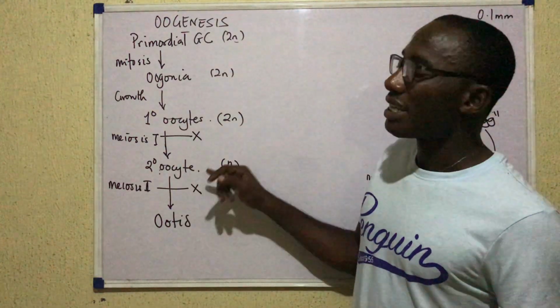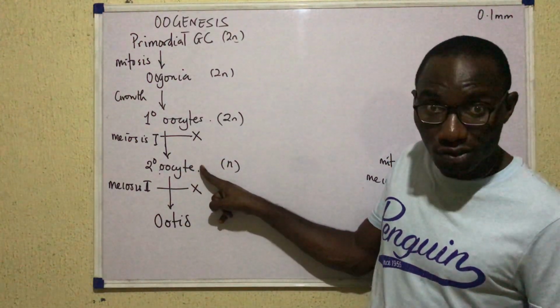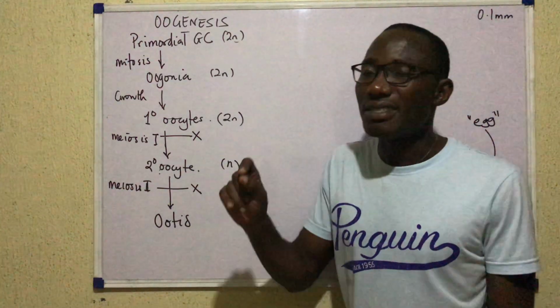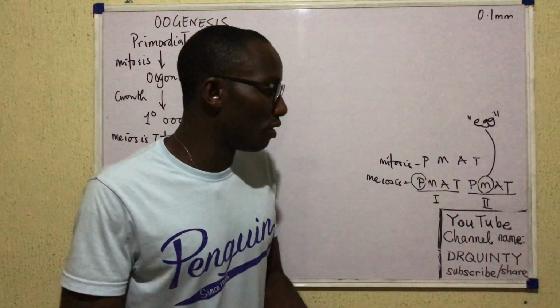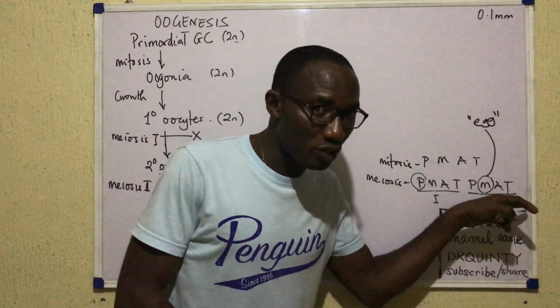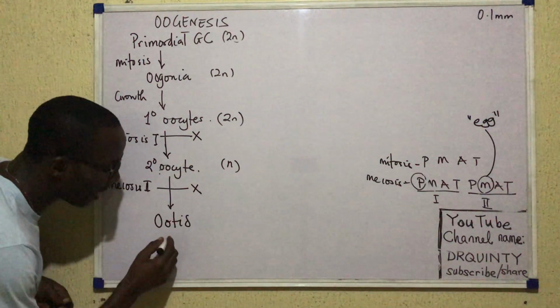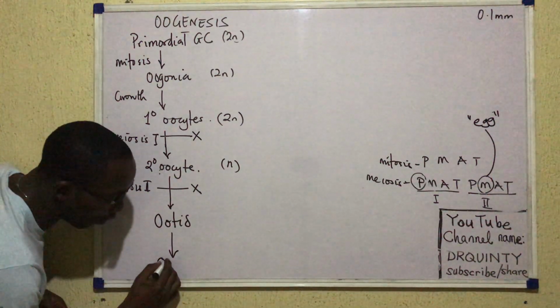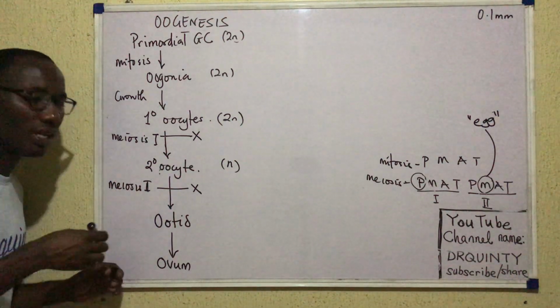But in the event of a sperm coming to fertilize that secondary oocyte, then the secondary oocyte will quickly complete its development by undergoing anaphase 2, telophase 2, and then becoming the ootid, which then matures into the ovum, and then this ovum gets fertilized.